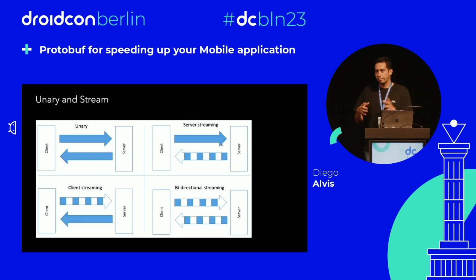And if you are familiar with Flow, this is pretty much the same. This is Flow, but for communication between client and server. For this particular talk, we're going to focus on the unary one, because the streaming ones are more focused on more complex scenarios, and also when you require high-performance APIs.